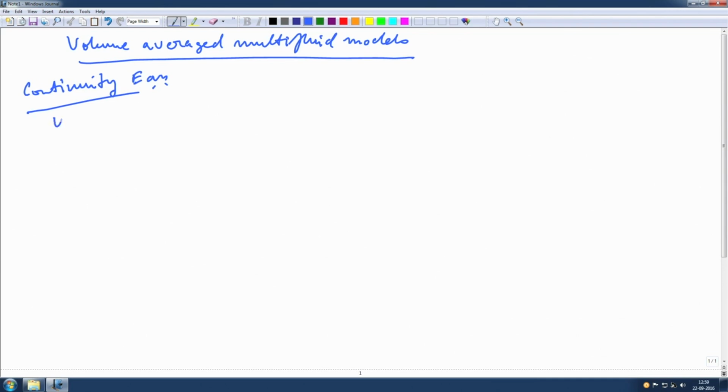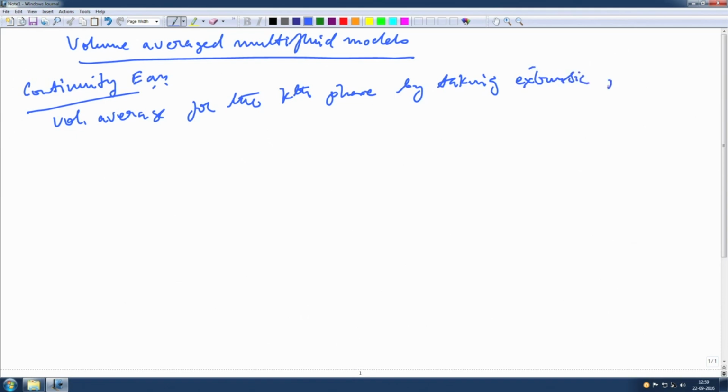So, the continuity equation is the volume average for the kth phase by taking extrinsic phase averaging.